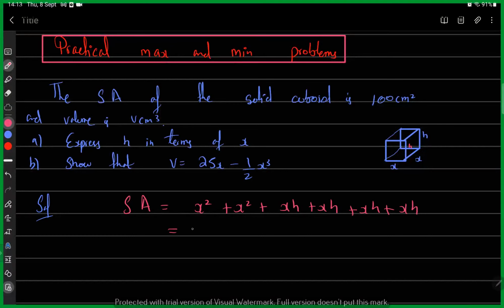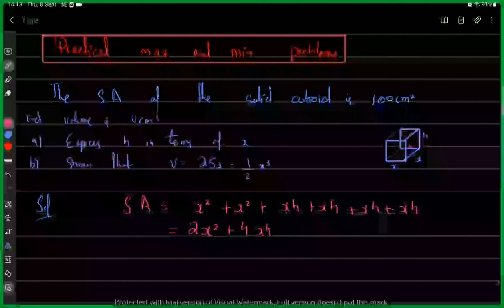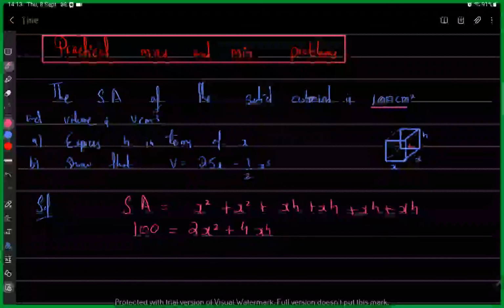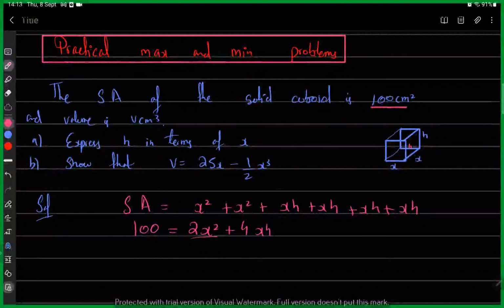And this is going to give you 2x squared plus 4xh. I've just used these variables to simplify, and this is the surface area, and the surface area is given as 100 centimeter square. The question is to express h in terms of x. So at this point, I am going to take this 2x squared to the other side.